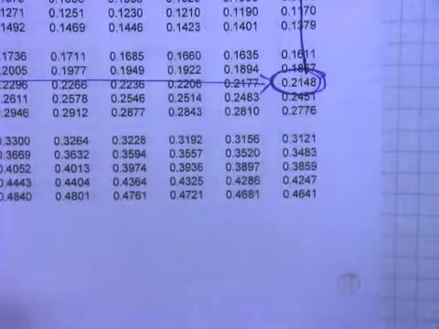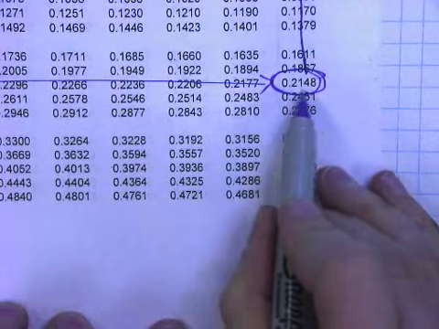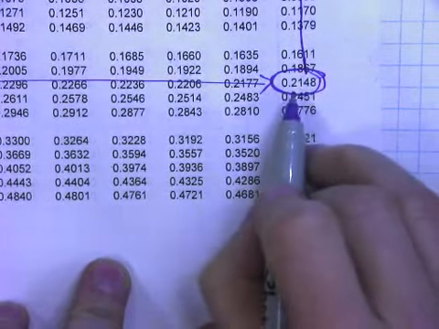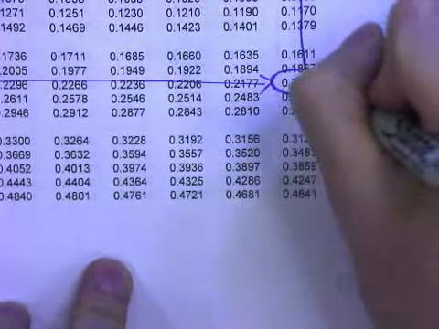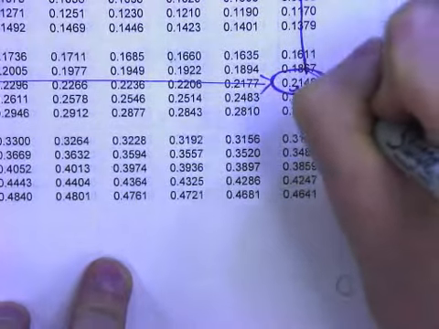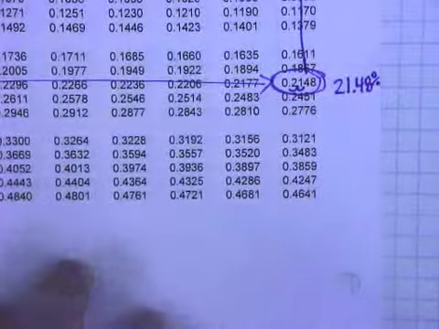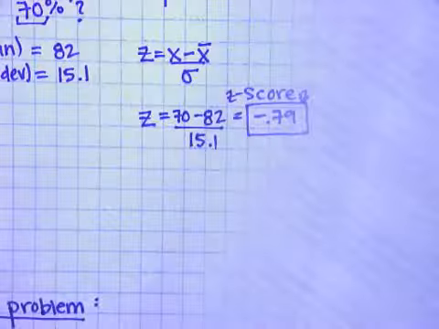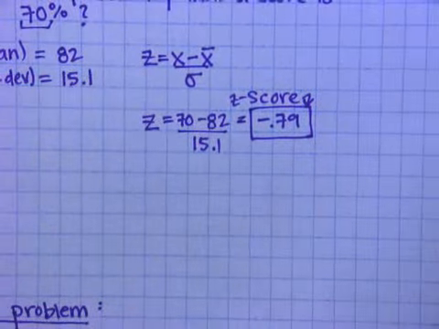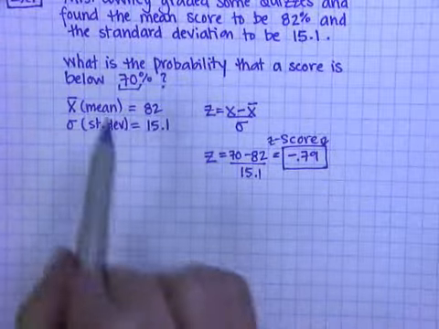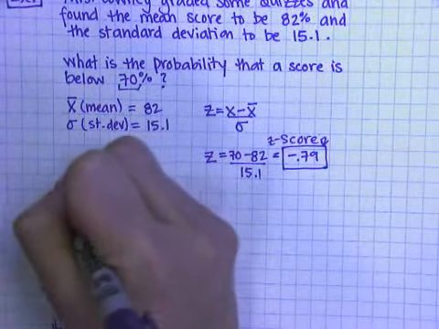Now, this number for the probability, I know it says on the table 0.2148, but this is a decimal that we need to change to a percent. So this is really, if I move the decimal place over to 21.48%. Okay. So the final answer for this problem, I'm going to restate the question. What is the probability that the score is below 70%?